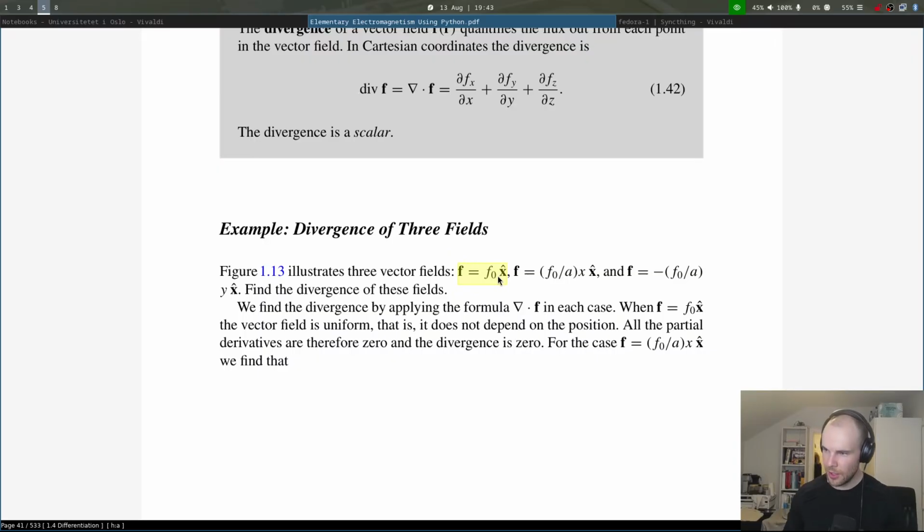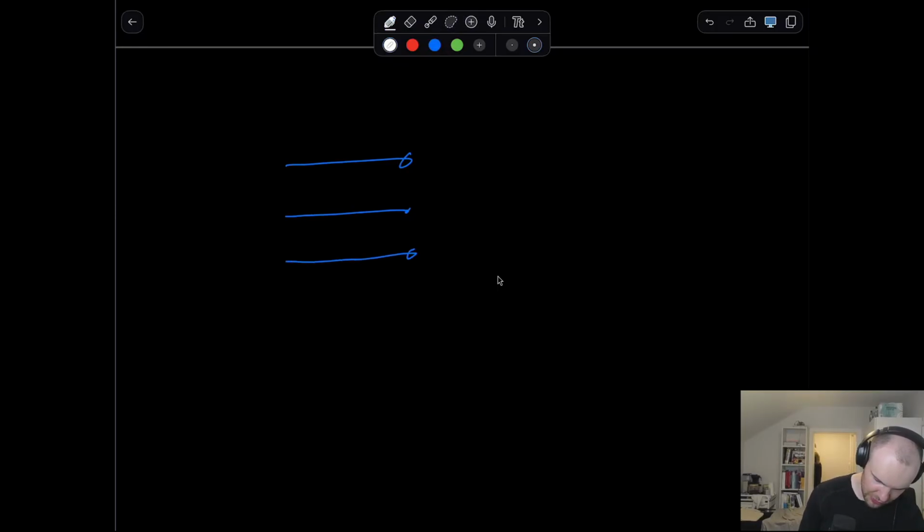Divergence measures, if I have a vector field like this and I place a box at some point here, how much went in and out of that box, right? But this is a uniform field, so of course there's no divergence.